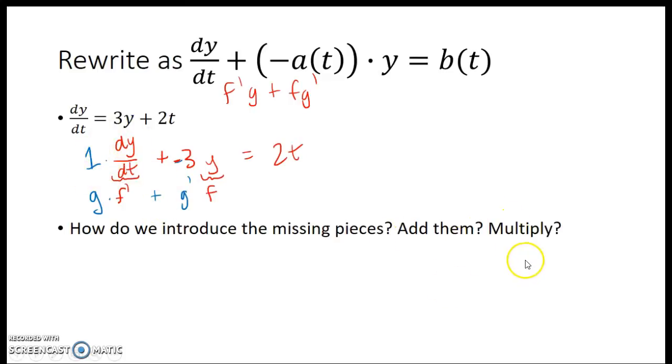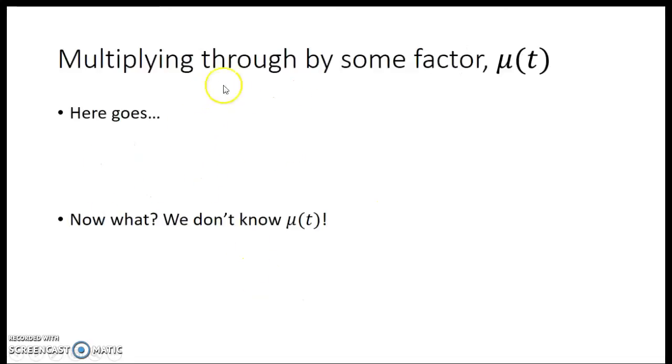So can I multiply? As long as I multiply both sides by the exact same quantity, I will leave the sides unchanged. So what we're going to do is try to create this factor that we're going to call mu of t generically here. I'm going to multiply through by this factor on both sides so that I keep the balance the same.